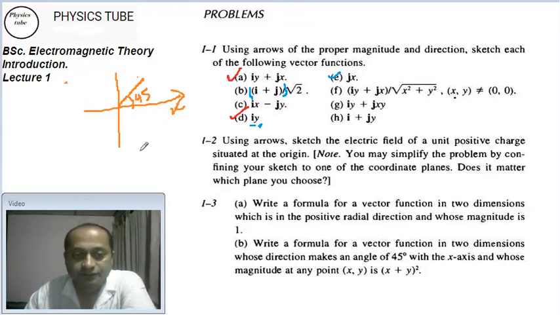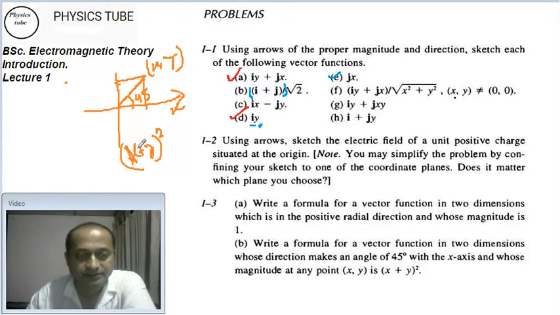You are to write the formula, whose magnitude at any point xy, suppose this is my point xy, is (x plus y) whole squared. So I don't need to go for any square root anymore, because they mentioned it is to be the magnitude.